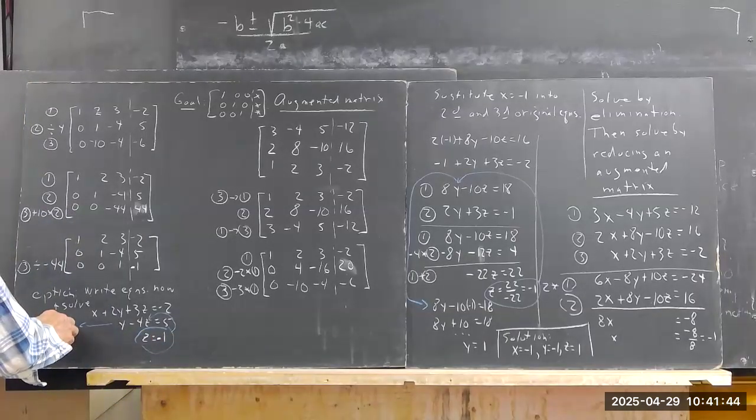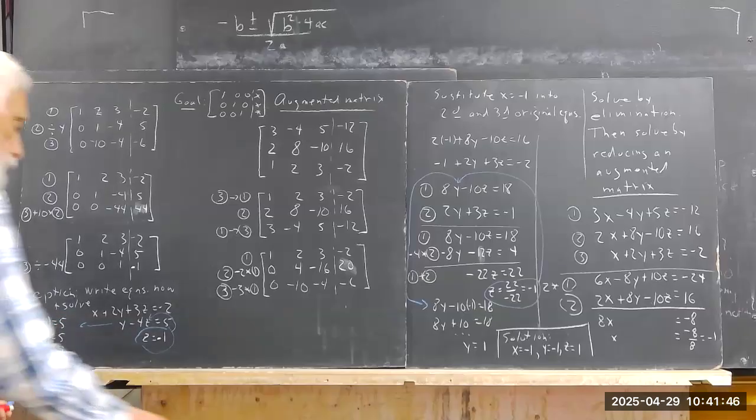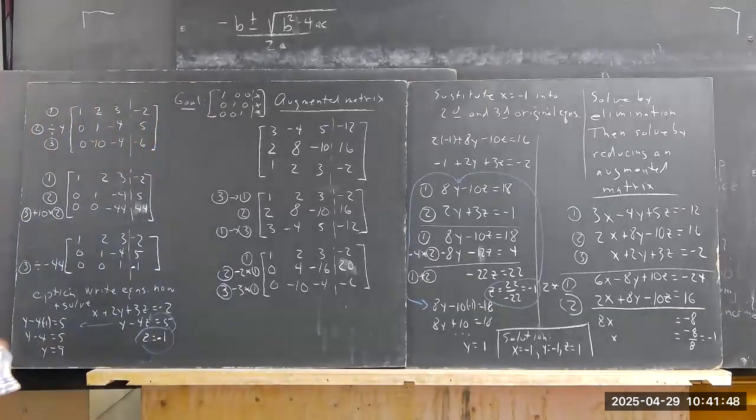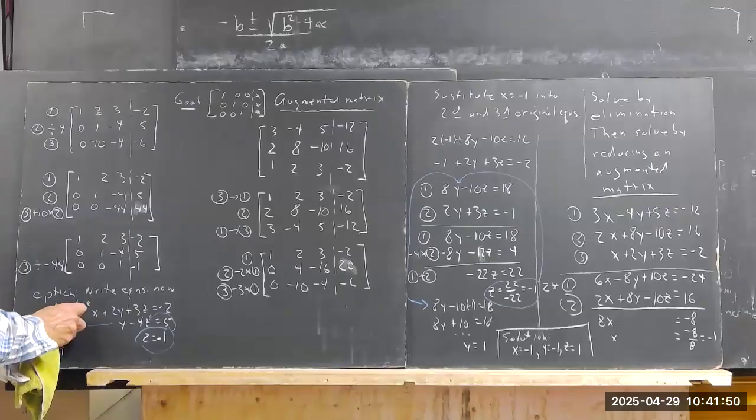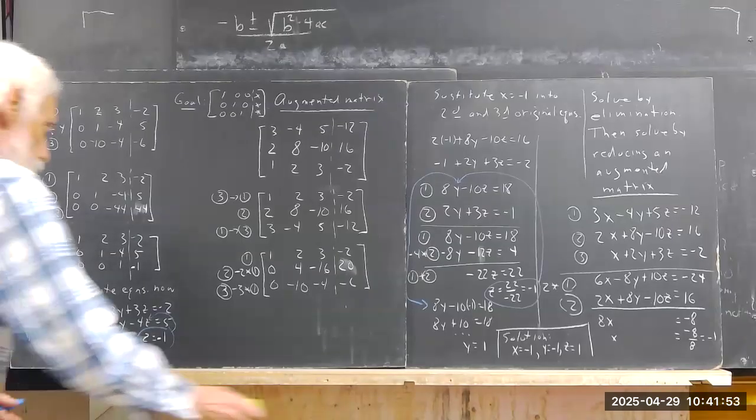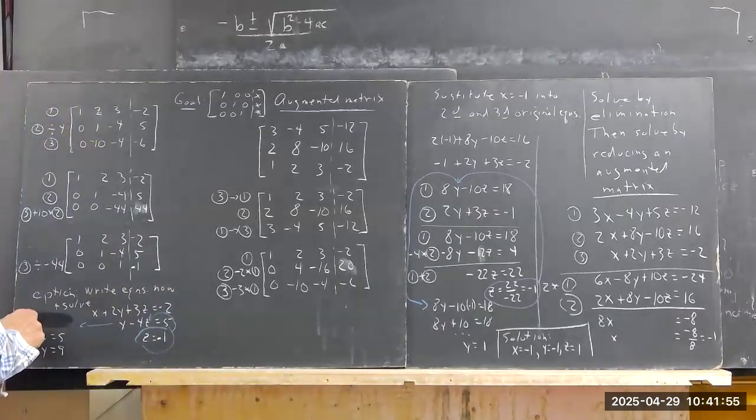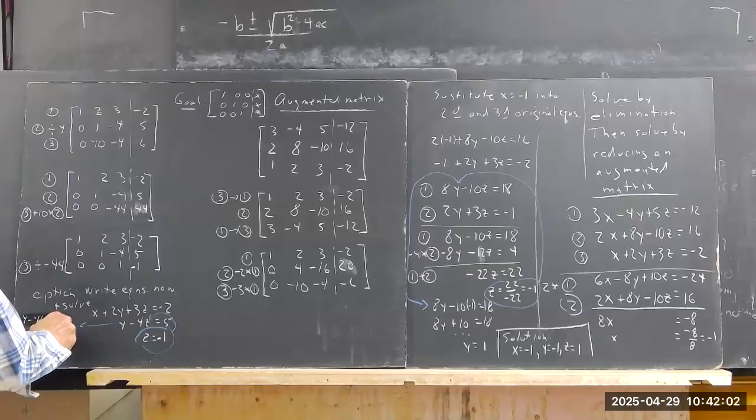So that would be y minus 4 times -1 equals 5. So we get y plus 4 equals 5. And then we subtract 4 from both sides. We get y equals 1.